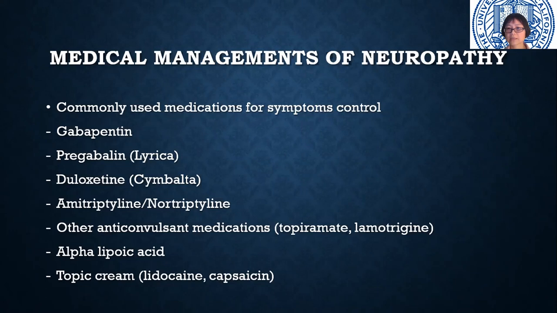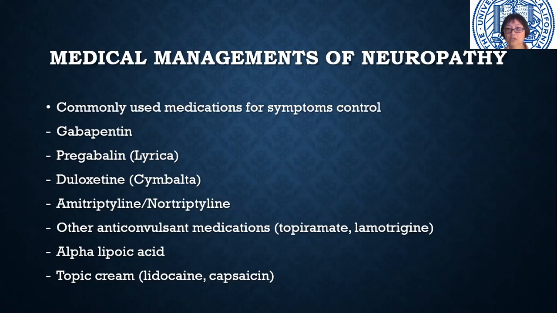Amitriptyline and nortriptyline are another type of antidepressant that will be helpful for neuropathic pain or tingling. There are also some anticonvulsant medications used to treat seizures that may rarely be applied in some patients to help control neuropathy symptoms of tingling and pain.